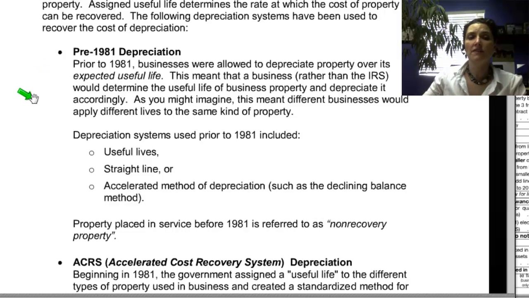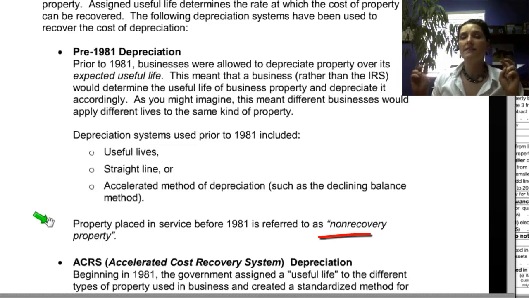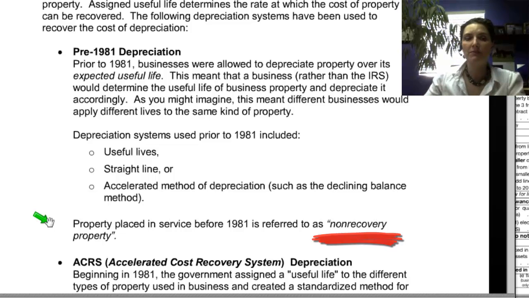Now, as you might imagine, this meant different businesses would apply different lives to the same kind of property. The depreciation systems that were used prior to 1981 included useful lives, straight line, or an accelerated method of depreciation such as the declining balance method. Property that was placed into service before 1981 is referred to by the IRS as non-recovery property.